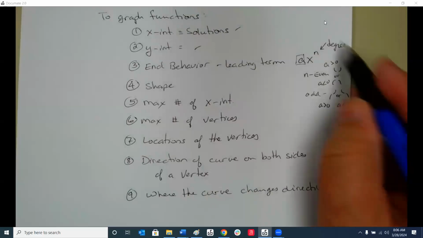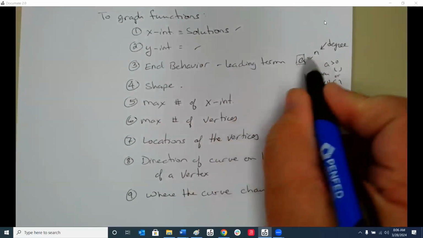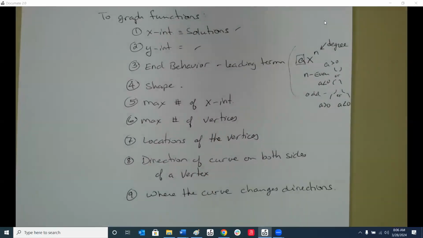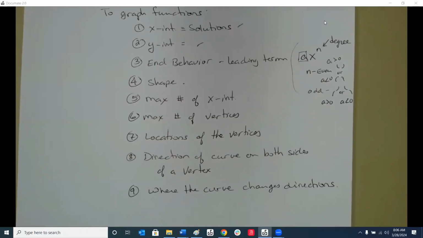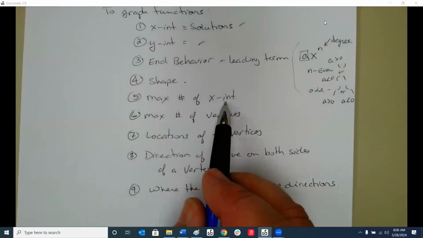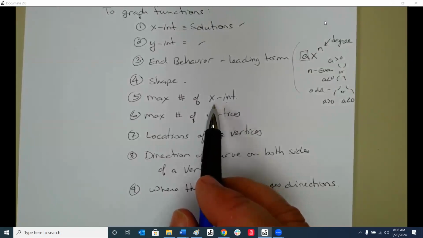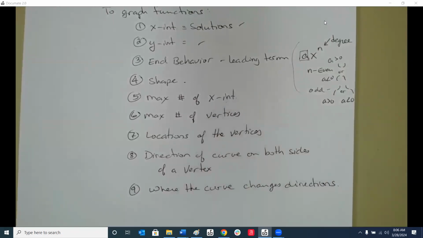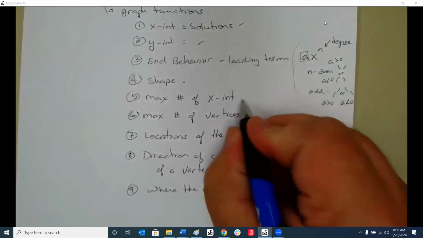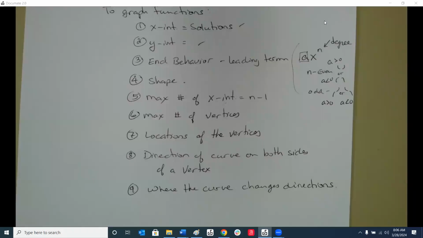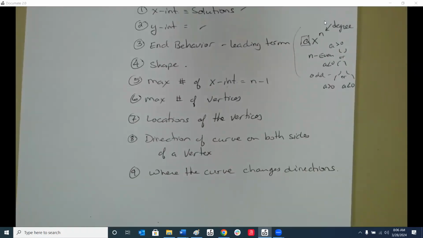So these tell us the shape of the graph. How do we know the maximum number of x-intercepts? Yes, exactly. It's whatever your degree is minus one.